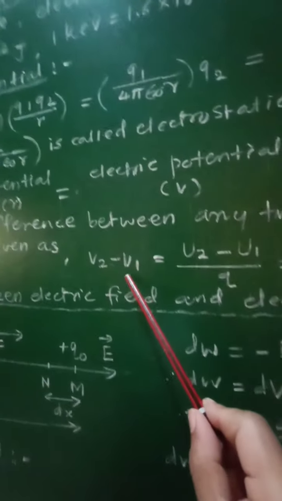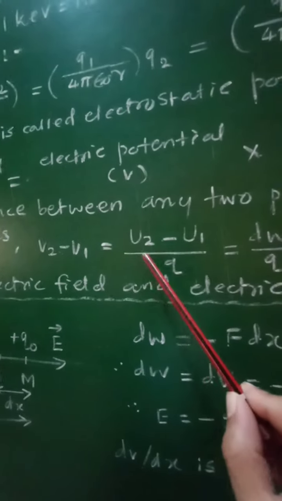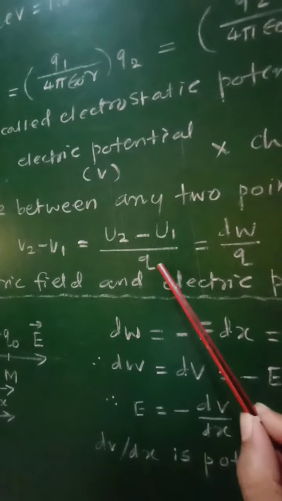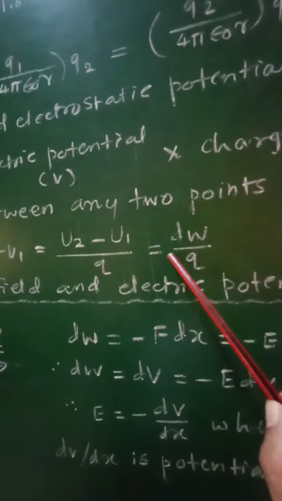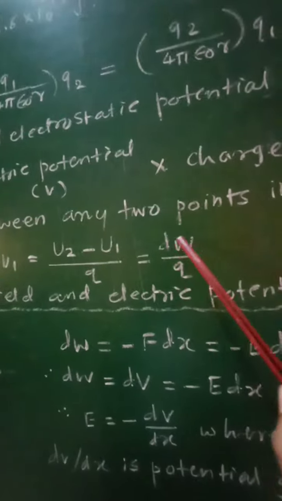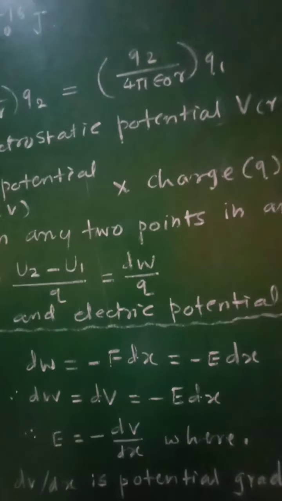Phi1 and phi2 will be the potentials of two different points, that will be equal to U2 minus U1 upon q, that is change in energy per unit charge. So that will be equal to dW upon q, since change in energy is nothing but work done. So this will be regarding the concept of electric potential.